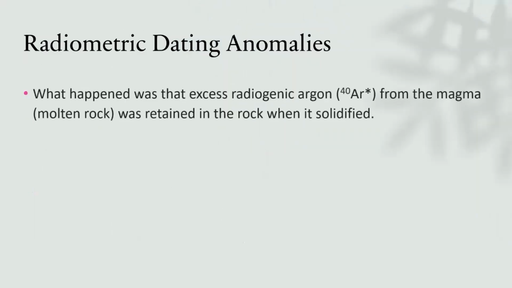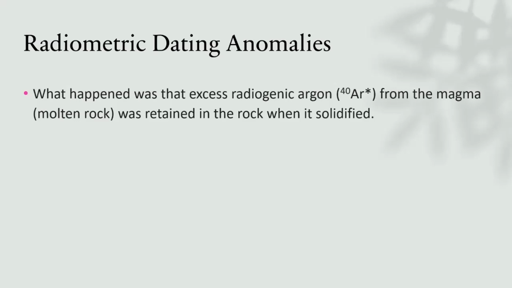What happened is that excess radiogenic argon from the magma, the molten rock, so that's radioactive potassium decaying into argon, was retained in the rock when it solidified. Now that's not supposed to happen, because the argon isn't supposed to be there in the magma, since the magma is supposed to be billions of years old.